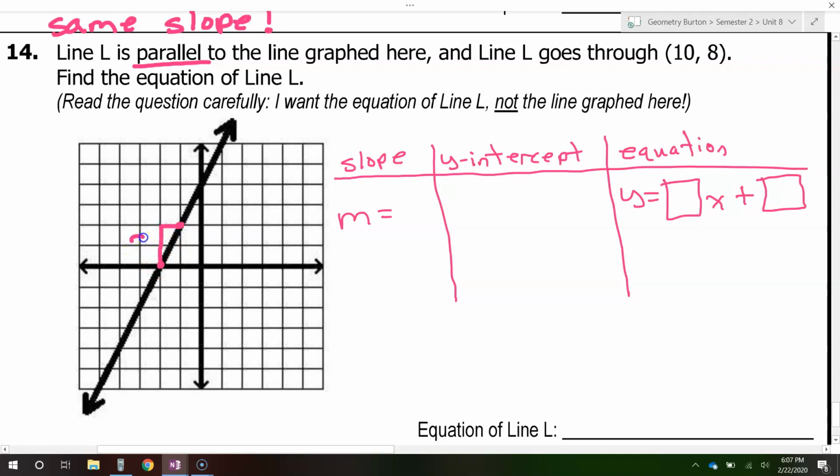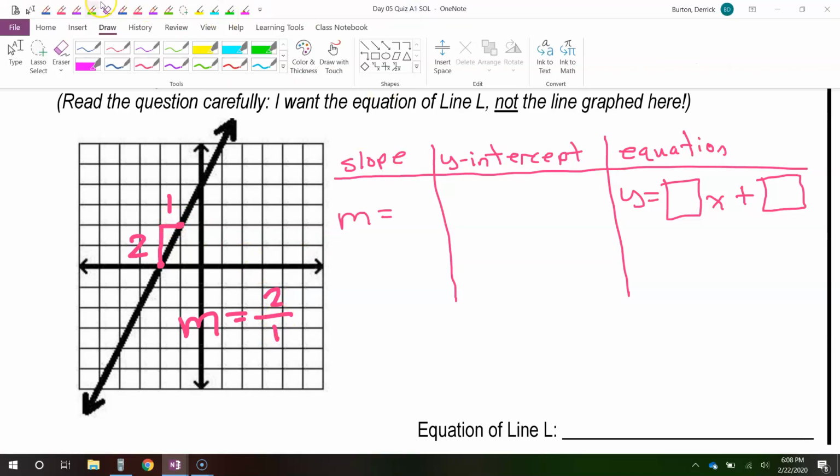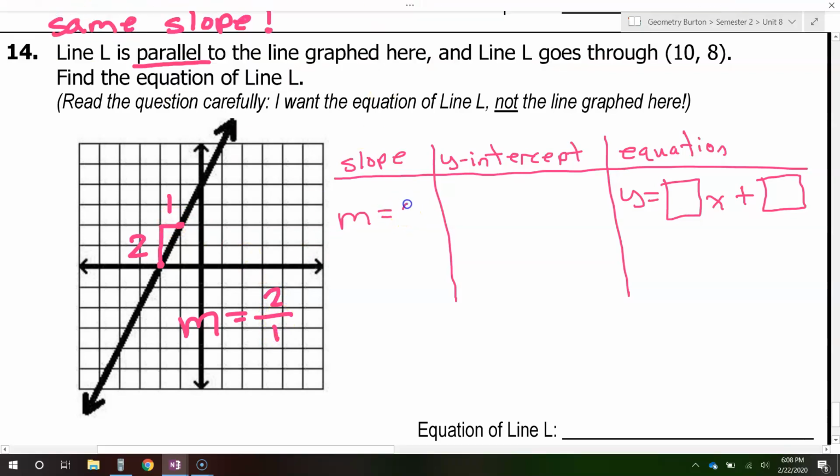So see how that is up 2 and over 1. So the slope, rise over run, vertical over horizontal, would be 2 over 1. But 2 over 1 is just 2. So the slope is 2. So that's what goes right here.